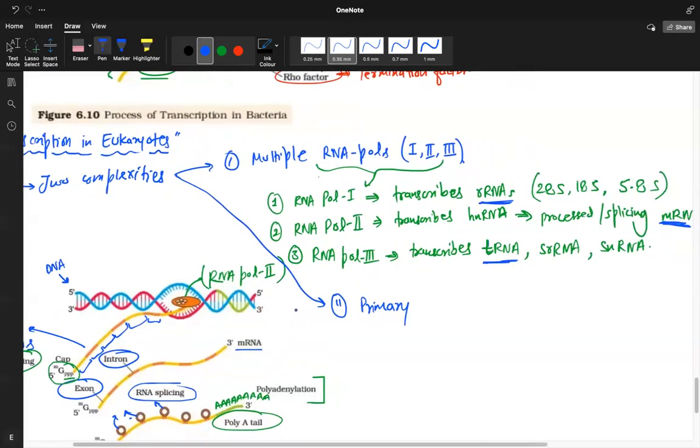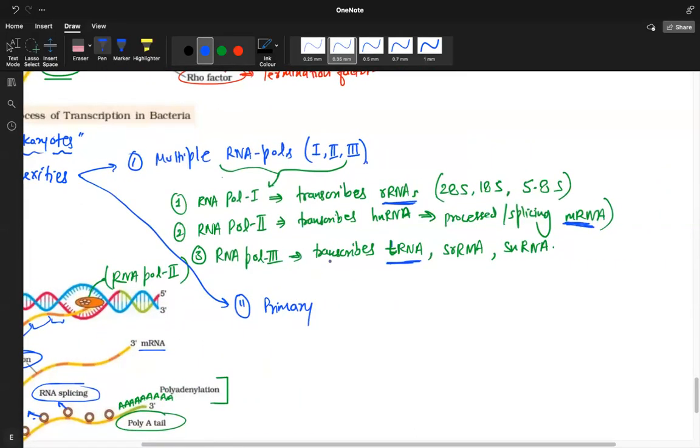This is heterogeneous RNA. Primary transcripts are nothing but RNAs. Why are they called transcripts? Because they are products of transcription. Is it clear, everyone? So basically a transcript and an RNA mean the same thing.